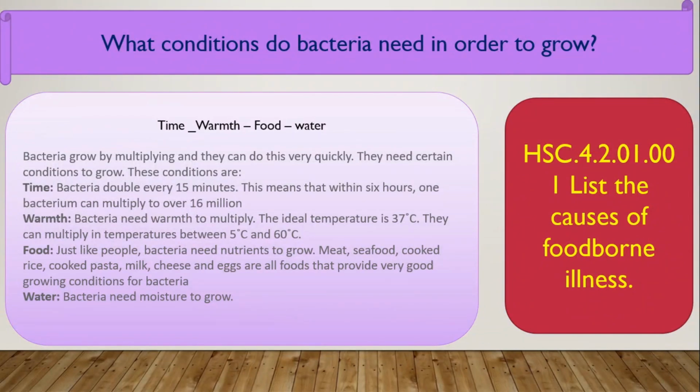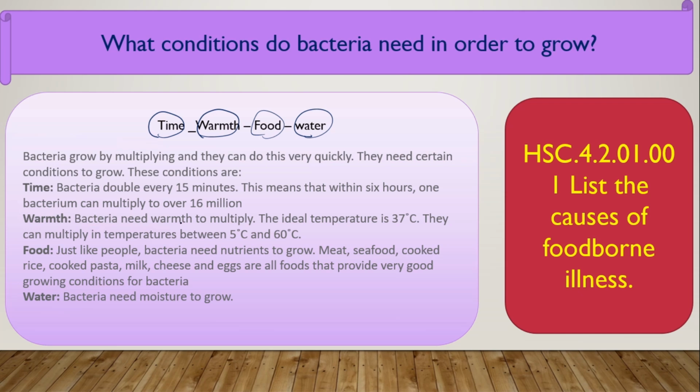What conditions do bacteria need in order to grow? They need time, warmth, food and water. Bacteria grow by multiplying and they can do this very quickly. Time: bacteria double every 15 minutes, so within 6 hours one bacterium can multiply to over 16 million.